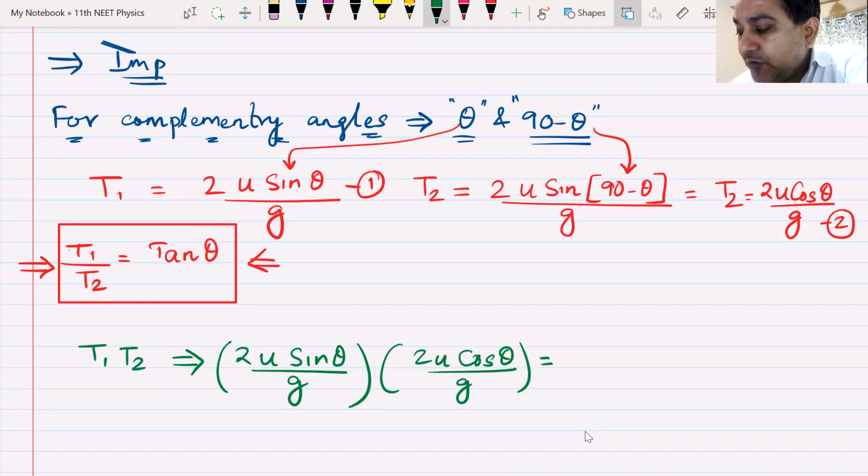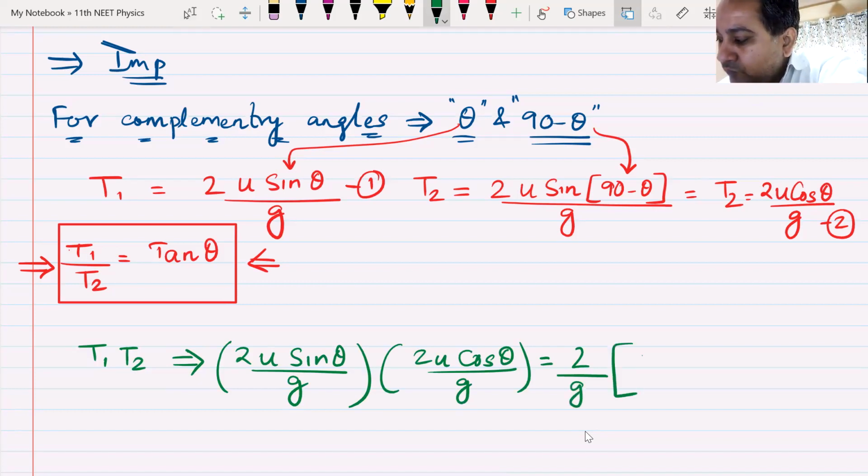So basically you can write it like this: 2 by g times 2u square sine theta cos theta by g.